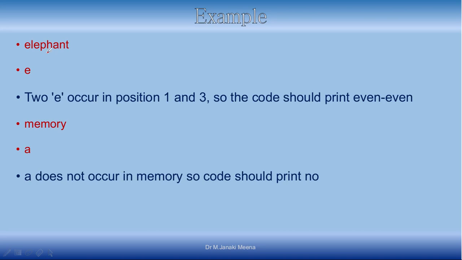So consider the examples. First is elephant and the given character is E. When we look at this example, you see E occurs in the first position as well as in the third position. So the number of occurrences is going to be 2 and the positions of occurrence are 1 and 3. Now I am just doing a manual human interpretation of the position.